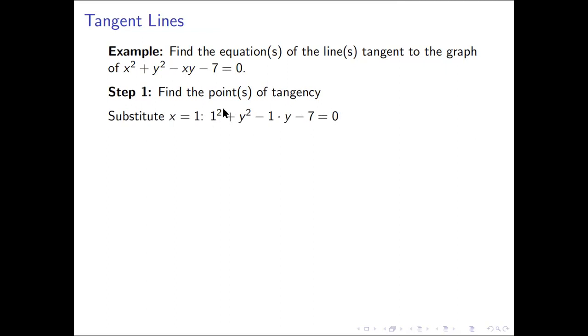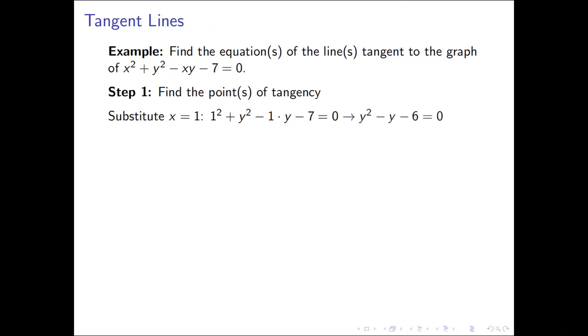And I won't be detailing out the process of solving for y here. It's your high school math. So you are presumed to be familiar with the process of solving a quadratic equation by factoring and by the quadratic formula.